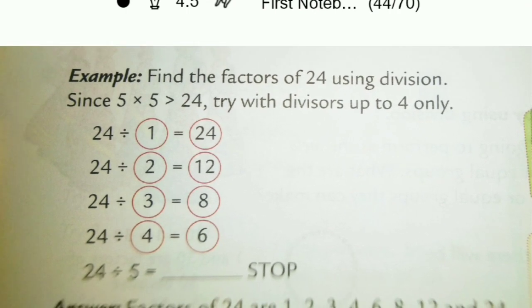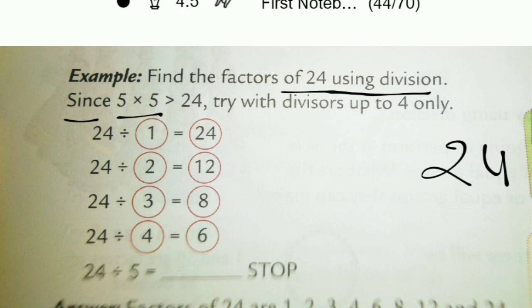Next, some examples. Find the factors of 24 using division. We know that 5 into 5 is greater than 24.